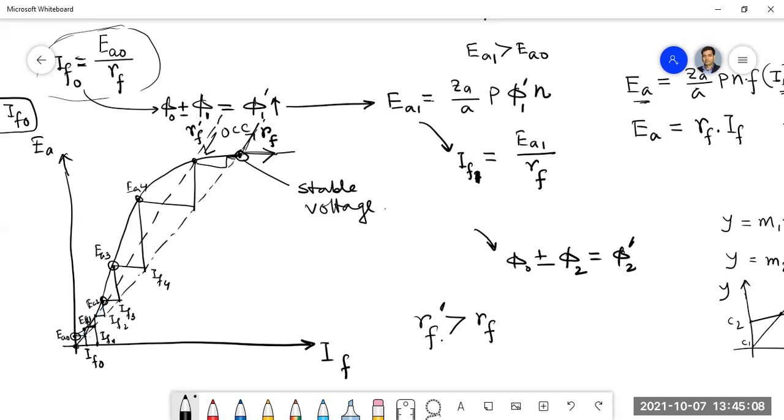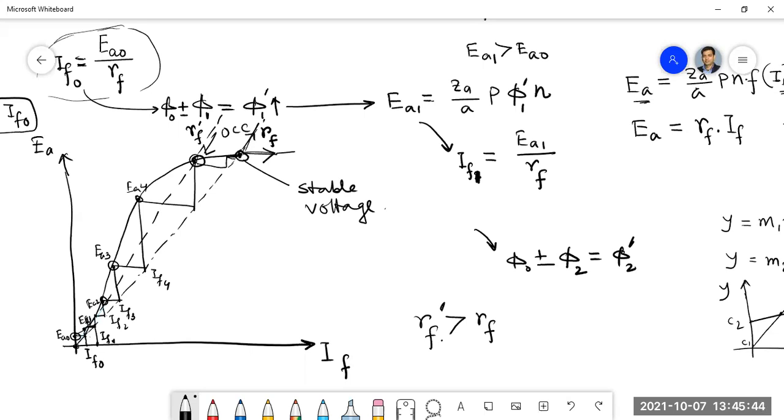Now you just let me know whether we'll get the same stable voltage point for RF prime. Can I stay at the same stable voltage point for RF prime, or will I get another stable voltage point? No, so I will get a new stable voltage point, that is this one, because now the point of interception is getting changed. As I've already mentioned, the stable voltage point is basically the point of interception between these two curves as per equation number 1 and 2.